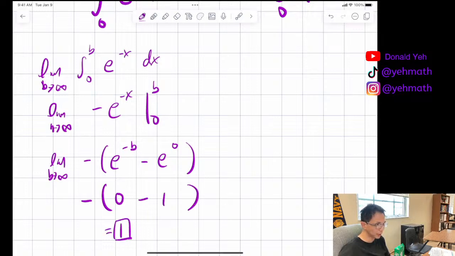So the answer is 1 here. Why is it positive? Because there's a negative sign in front when you integrate e to the negative x, and it distributes inside, so a negative times a negative becomes positive. Oh, okay. I see.